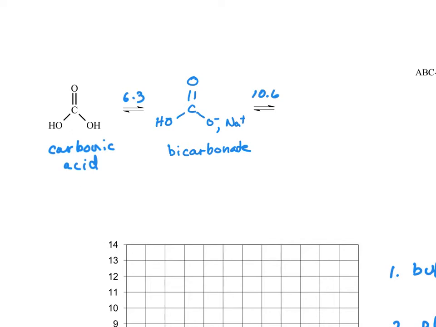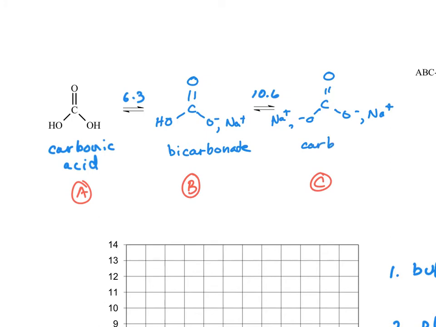So that gets us A, B, and then there's one more, C, and that's going to be the one where we've taken both protons off, and that would have 2 sodium. We'll go ahead and put those on there this time. Na2CO3, and this is called carbonate.